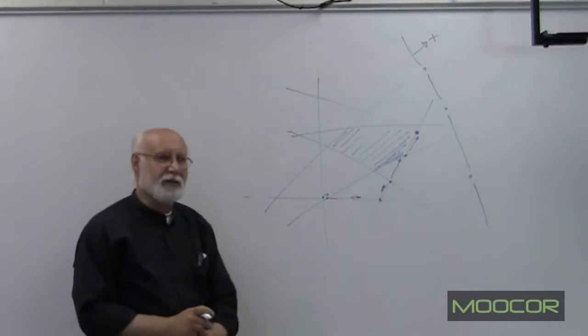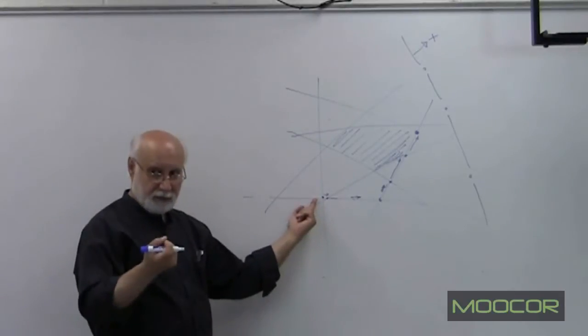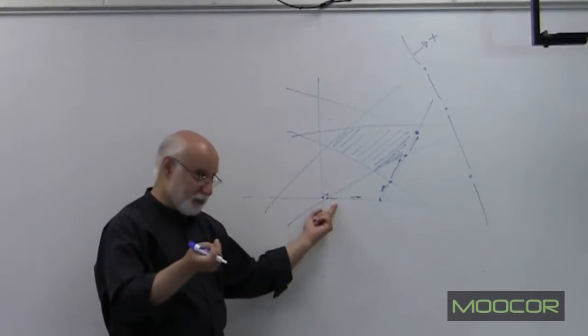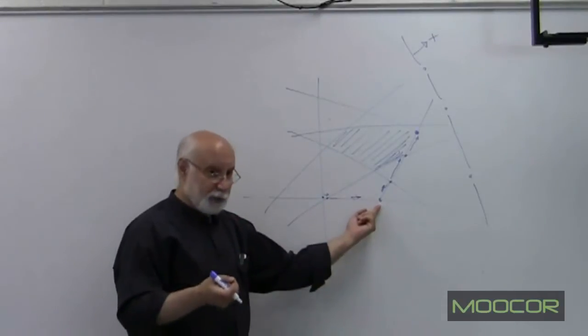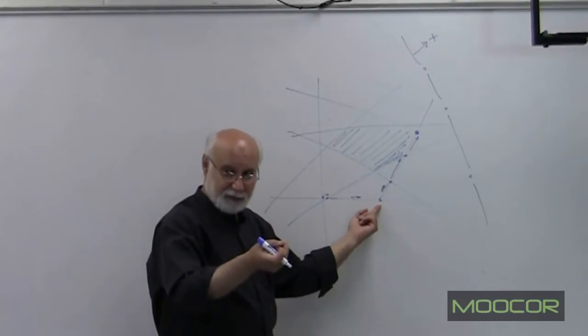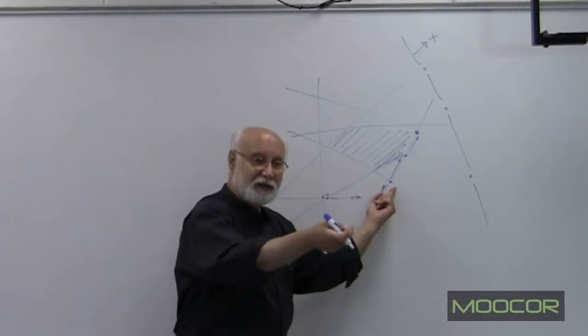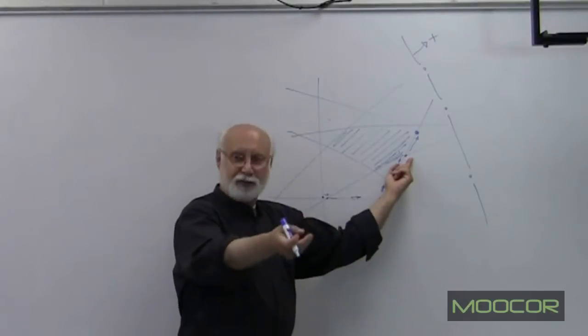What does that mean? It means that we started infeasible. We went to another extreme point, which was infeasible. We went to another extreme point, which was infeasible. We went to another extreme point.